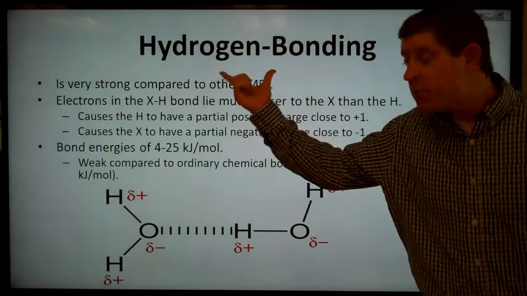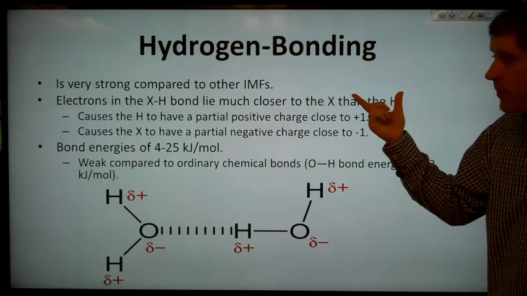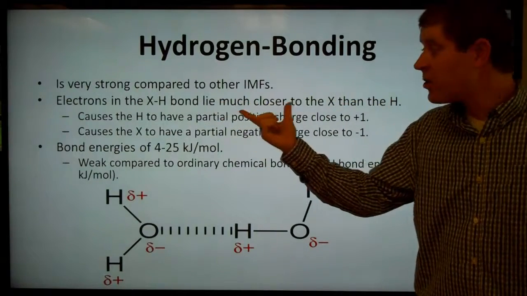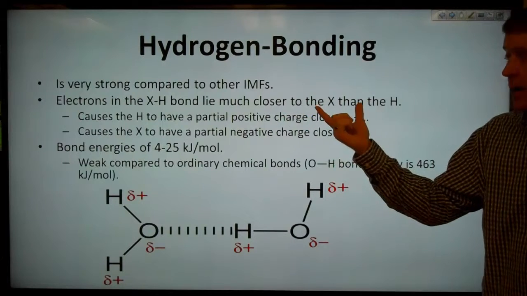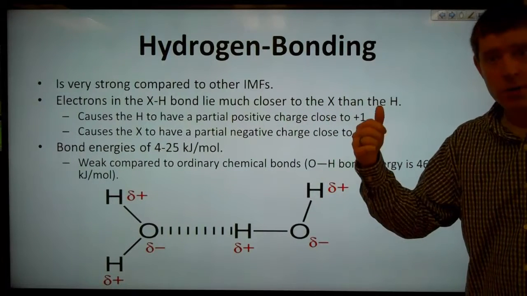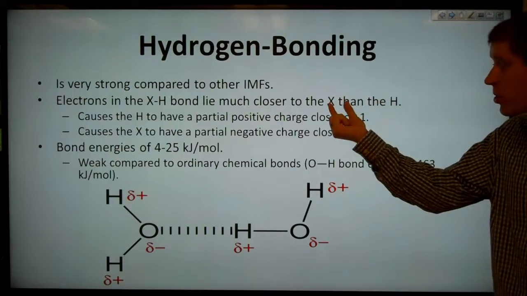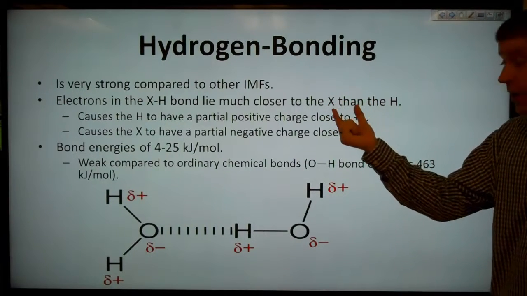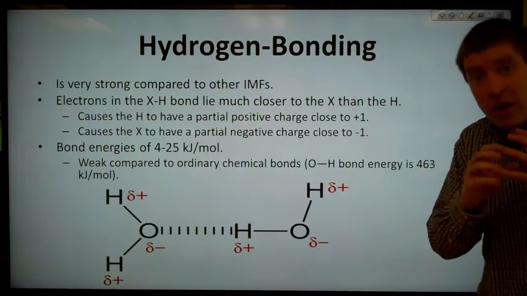Now, hydrogen bonding is very strong compared to other intermolecular forces. And this is because electrons in the X-H bond, so the oxygen, nitrogen, or fluorine bond to hydrogen, lie much closer to the X, to our very electronegative element, than they do to the hydrogen, which means it's a very, very polar bond.